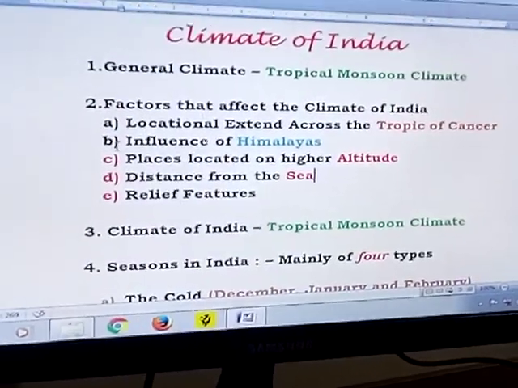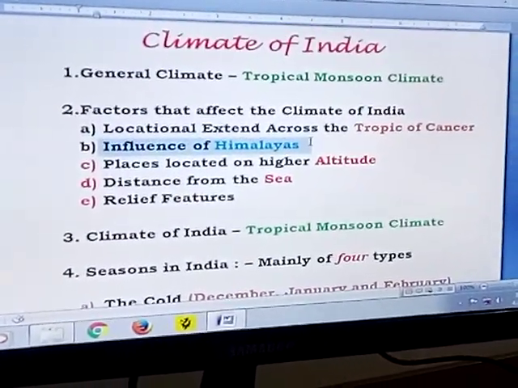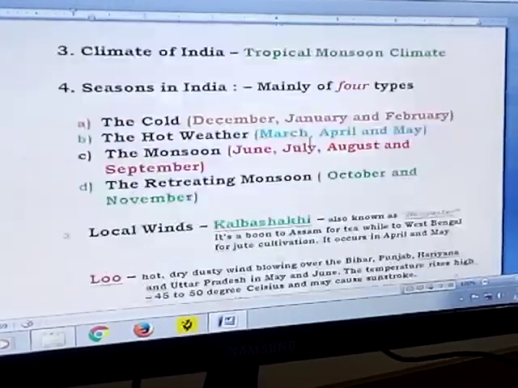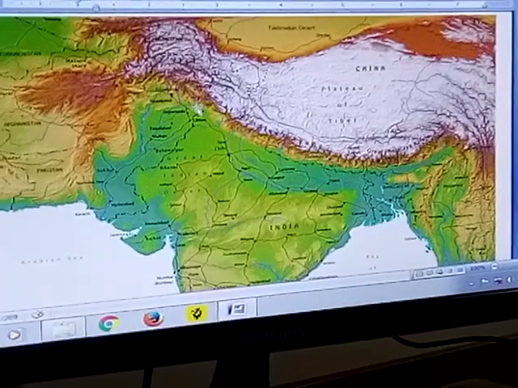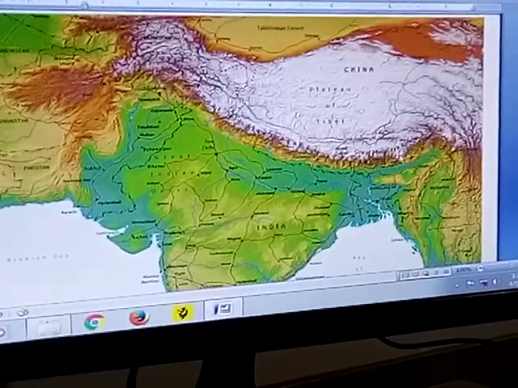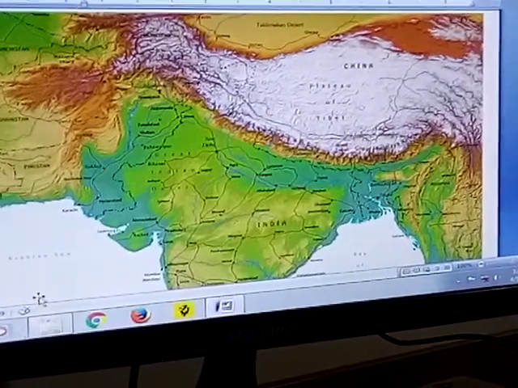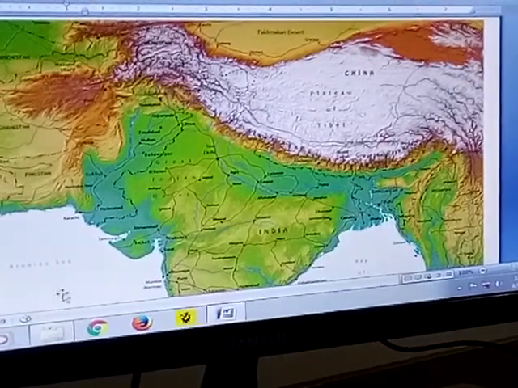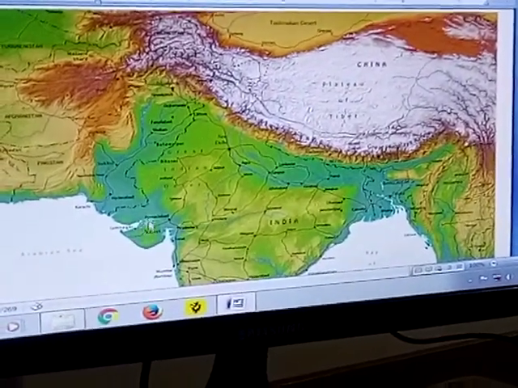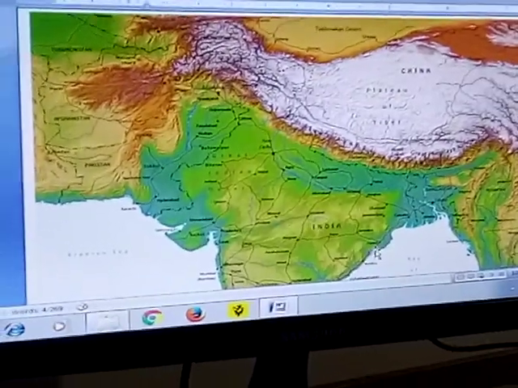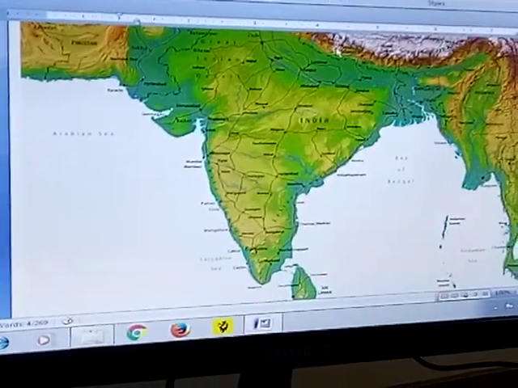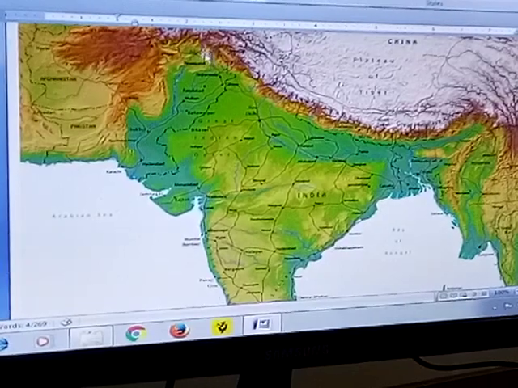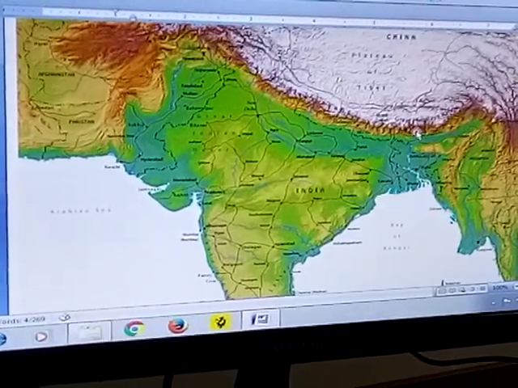Second is the influence of Himalaya. Now this is Himalaya. And now we have the southwest monsoon. It comes from the Arabian Sea branch and hits there, and from the Bay of Bengal branch it goes and hits there. So this Himalaya is a great barrier.